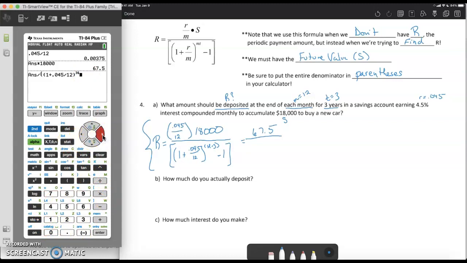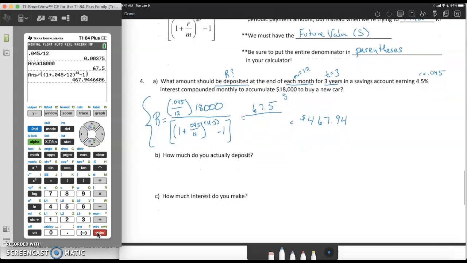Back down to the main level, we want to do a -1, and then close that up with one more set of parentheses. So I've got parentheses inside of parentheses, but this looks good. I'm dividing that 67.5 by all of this, and I get $467.94. So they're going to deposit that much at the end of every month for 3 years, and they're supposed to accumulate $18,000. Okay, so that's the periodic payment amount.